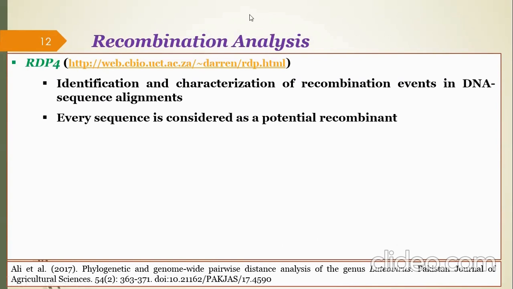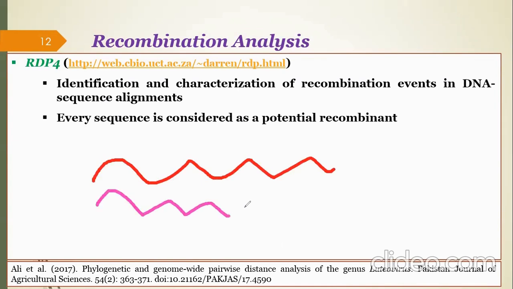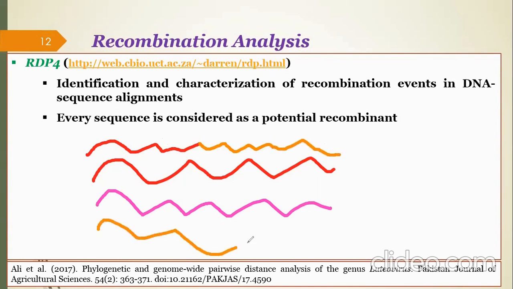So अब please try to understand this. If we have multiple sequences, and this is one sequence and this is another sequence, and we have some other sequence like this one, and multiple sequences are there.